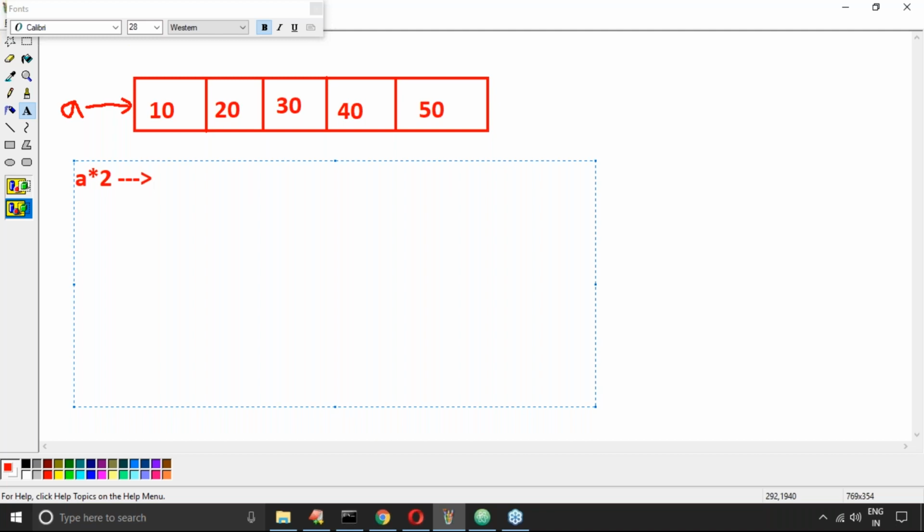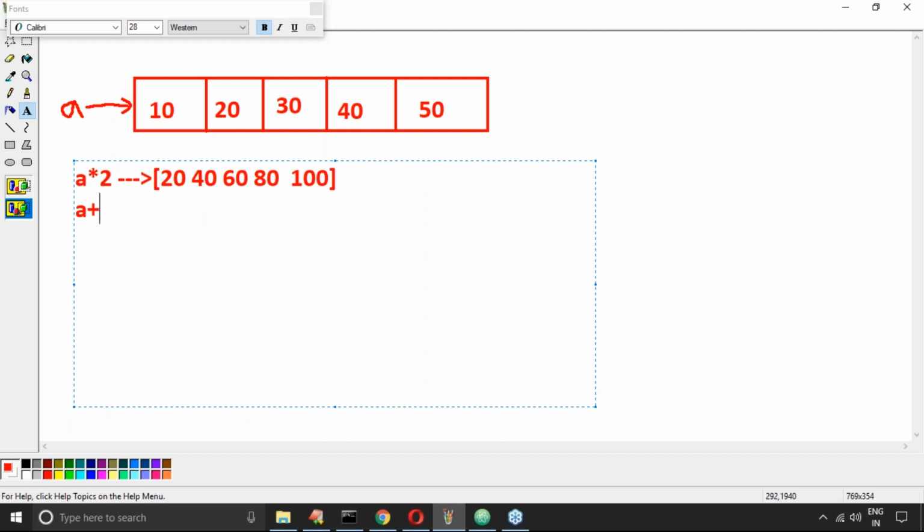So this 2 will be broadcasted to every element of the array. Then my array automatically becomes 10 into 2 is 20, 20 into 2 is 40, 30 into 2 is 60, 40 into 2 is 80, and then 100. Is any explanation required about this one?